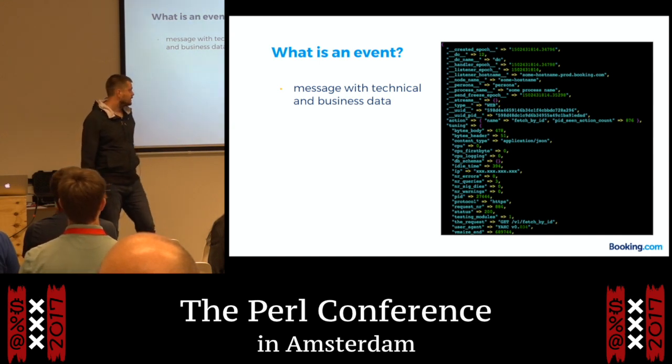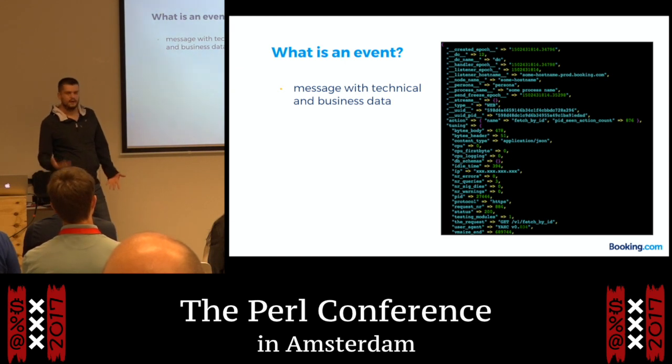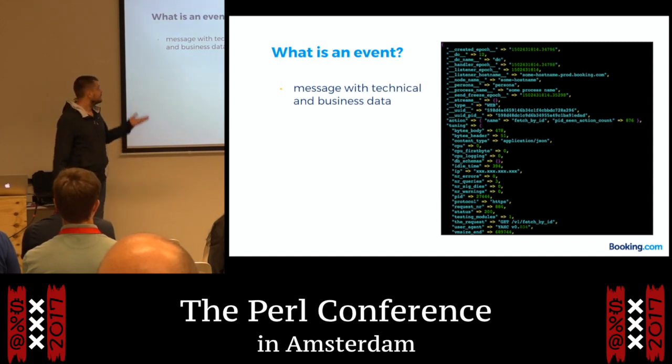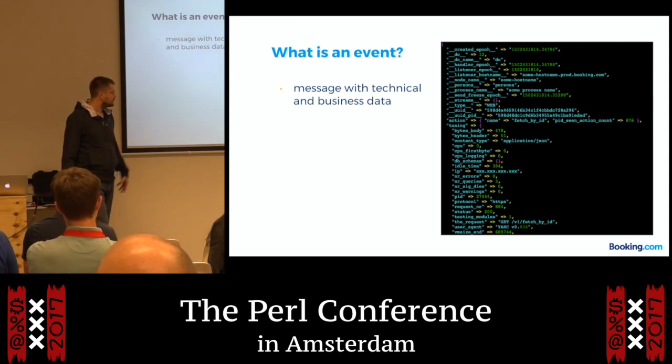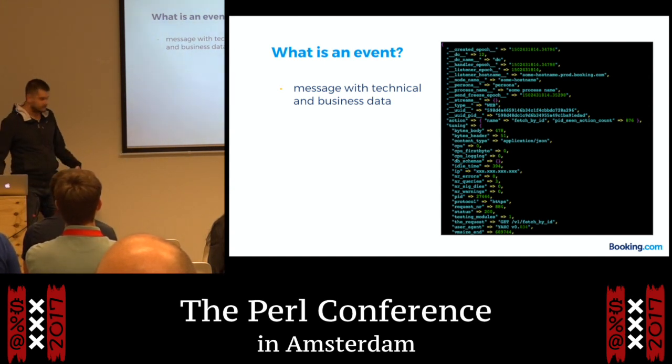On the right-hand side of the screen, you can see an example. It's basically just a hashref, like a gigantic hashref with various keys. For example, in this case, what data center this message originated from, some information about what protocol was used, some wall-clock messages, etc.